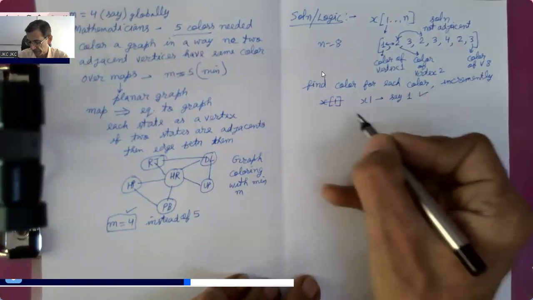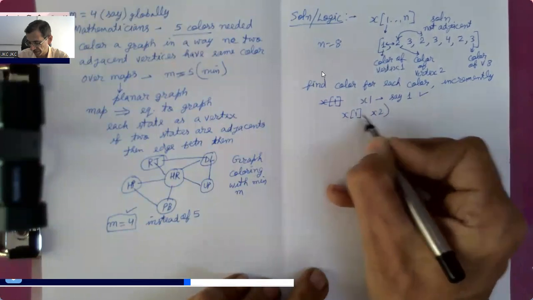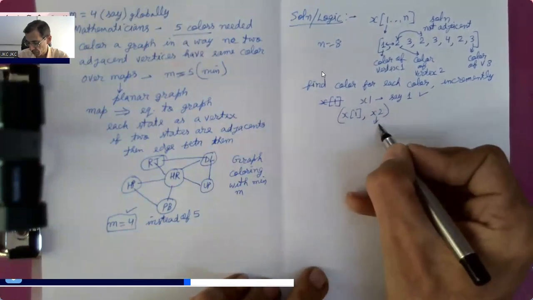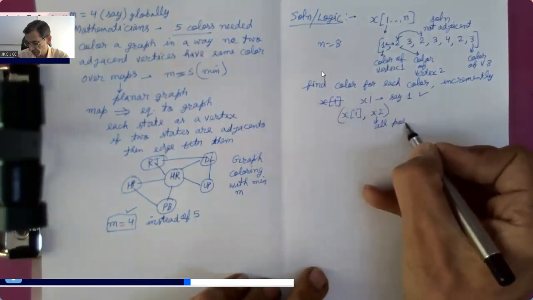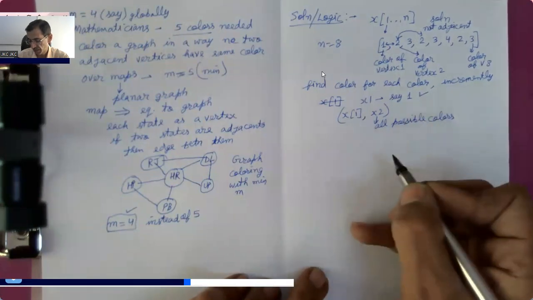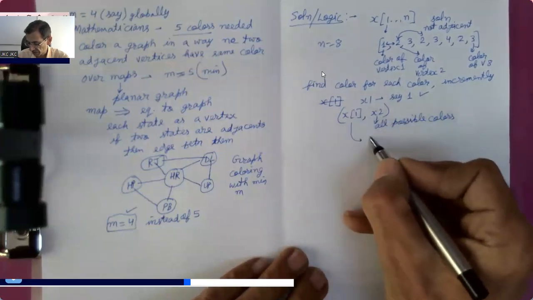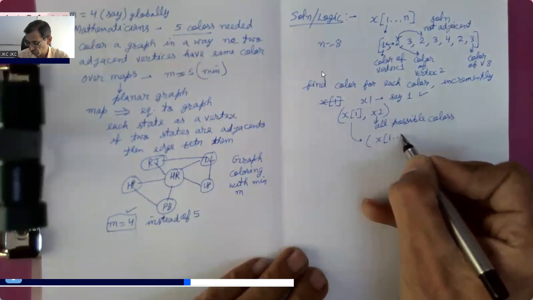This is obviously acceptable, so x1 is ready. Find some color for x2. All possibilities are to be explored, and all possible colors could be given to it. If it is acceptable, then I will say fine, accept this as x1 to 2 ready.